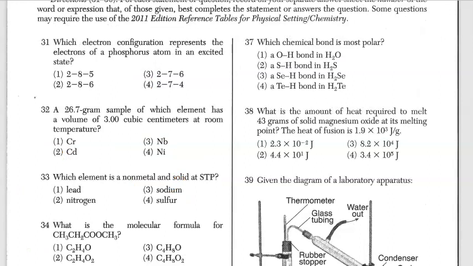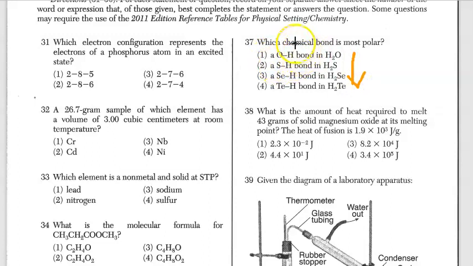All right, 37, which chemical bond is most polar? If you want to figure out the most polar bond, it's going to have the greatest electronegativity difference between the different atoms that make up a bond. Now, that again is on reference table S. What happens is, oxygen, sulfur, selenium, tellurium are all in the same group or column on the periodic table, from most electronegative down to least.